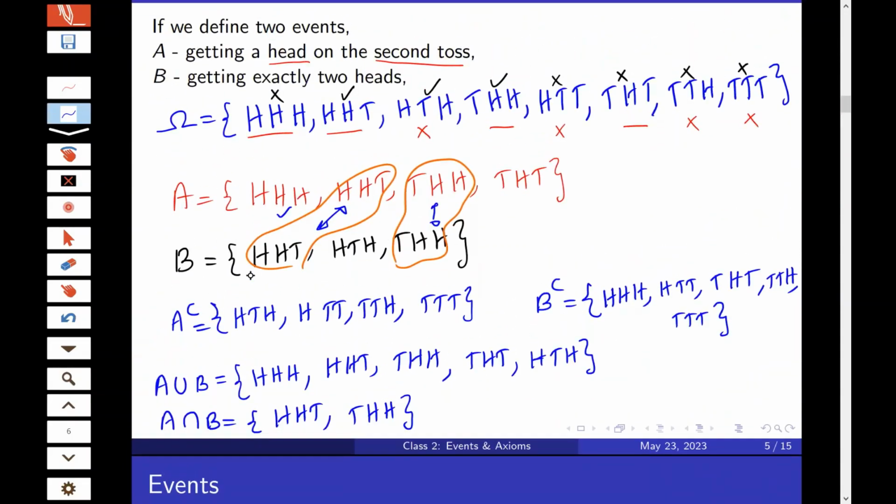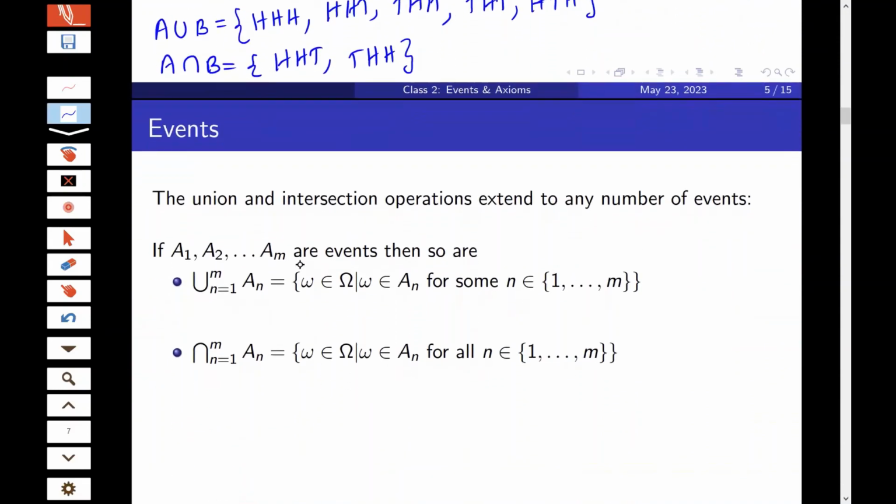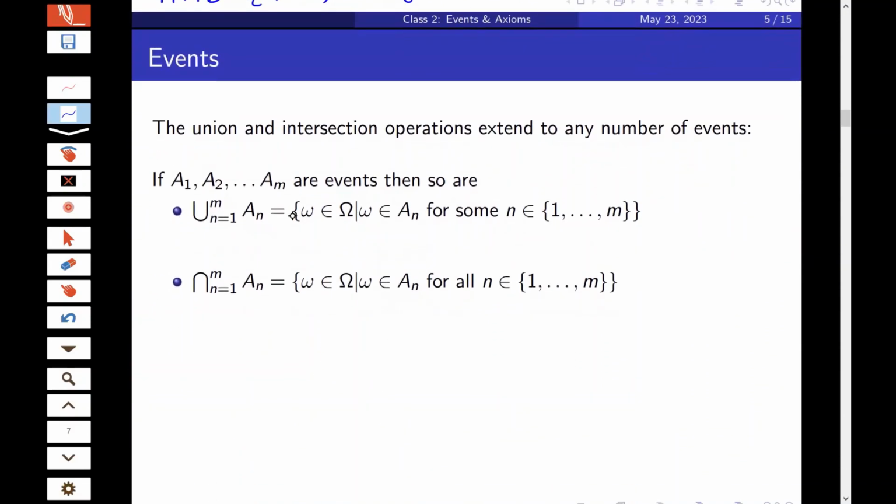Okay, so now let's continue to understand more concepts related to event operations. We can extend the operations we have already learned to more than two events. Specifically, union and intersection can be extended to any number of events in a sample space.